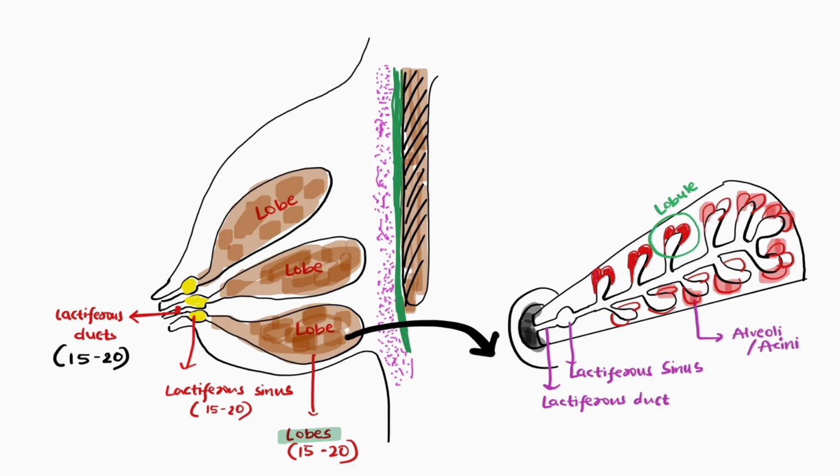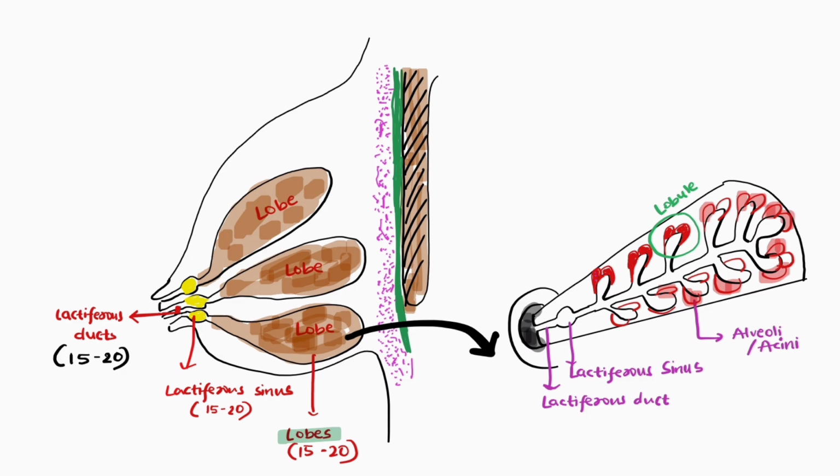So if we zoom in on one lobe, we can visualize it like this. See, the lobe has lobules, which are aggregates of alveoli or acini. This group of alveoli or acini further opens into small ducts, which converge and form a larger channel. The channel further converges and forms the dilated lactiferous sinus, which further extends to form the lactiferous duct, which opens onto the nipple.